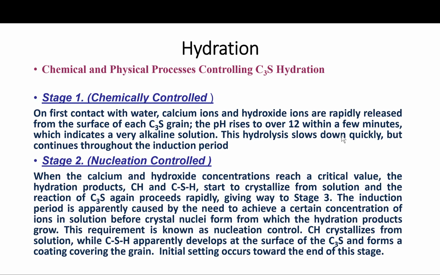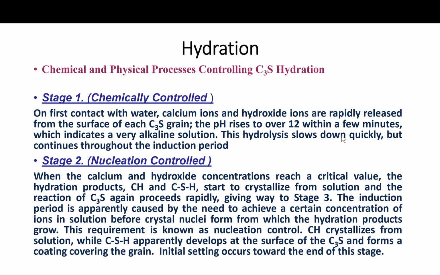Then, stage 2, the induction period. When the calcium and hydroxide concentrations reach a critical value, the hydration products, calcium hydroxide and calcium silicate hydrate, start to crystallize from the solution, and the reaction of C3S proceeds rapidly, giving way to stage 3.